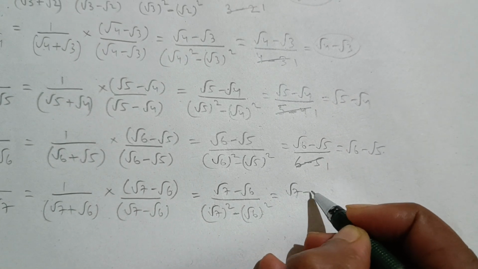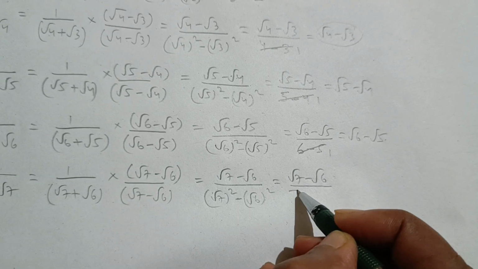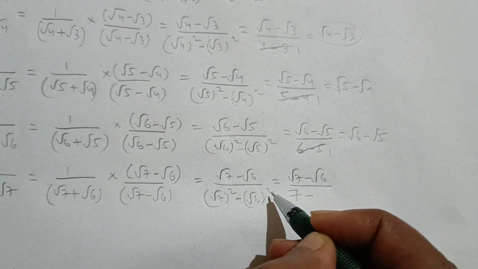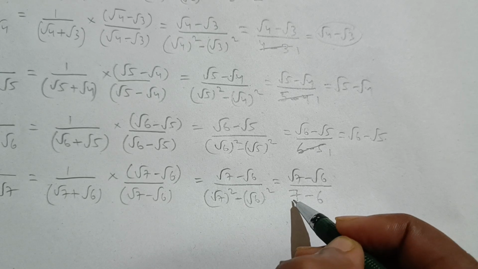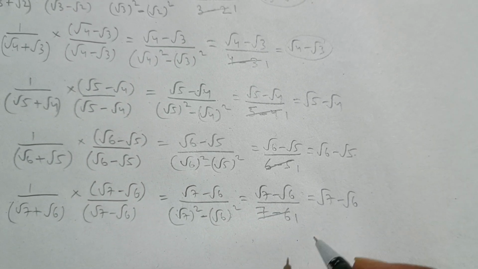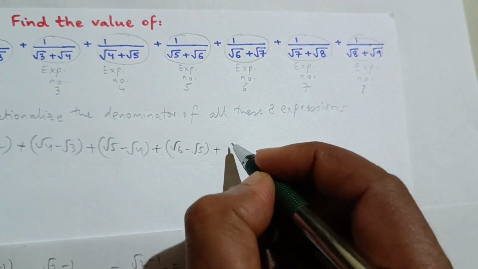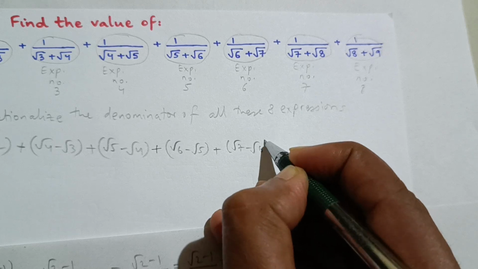The denominator is 7 minus 6, which is 1. So it is square root of 7 minus square root of 6.